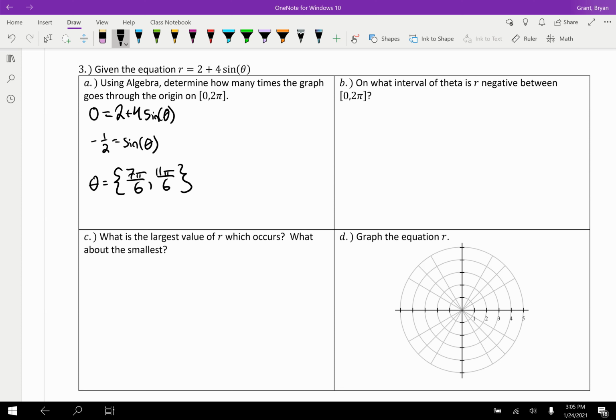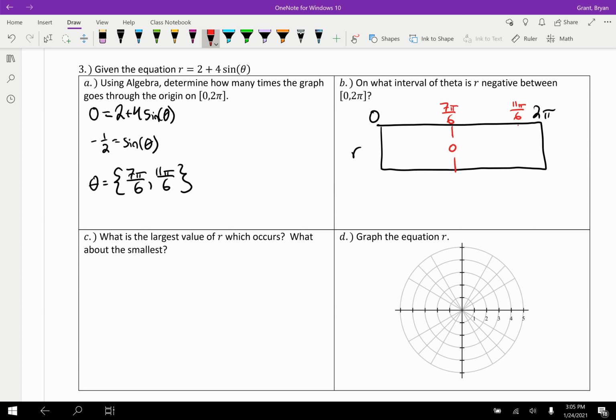On what interval of thetas is r negative? Well, we already know where r is 0, so to figure out where r is negative, we take our two values of theta that make r 0, and we make a sine chart out of it. 11 pi over 6 is really close to 2 pi, and we'll talk about how we can deal with that shortly too. 0 to 7 pi over 6, we could probably try pi.